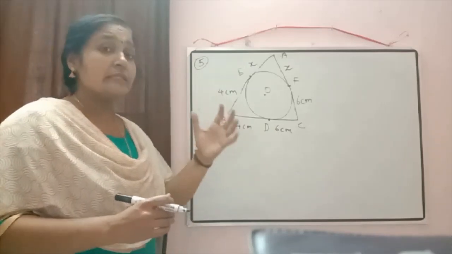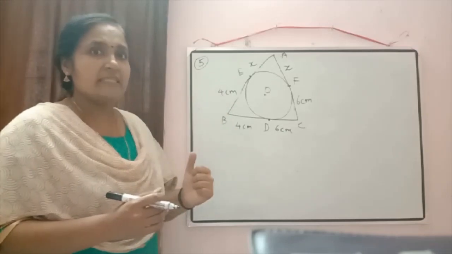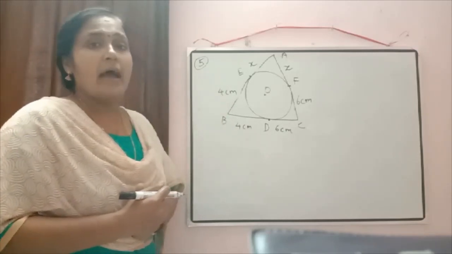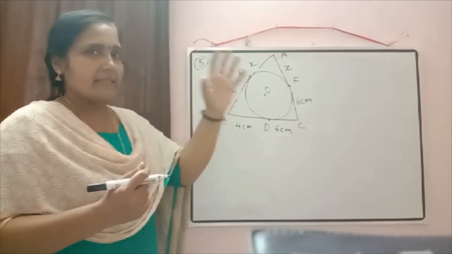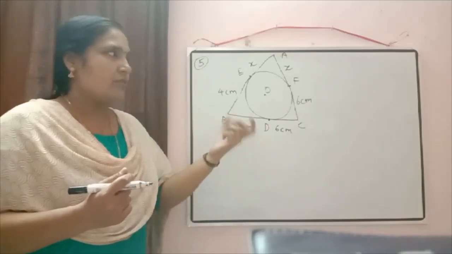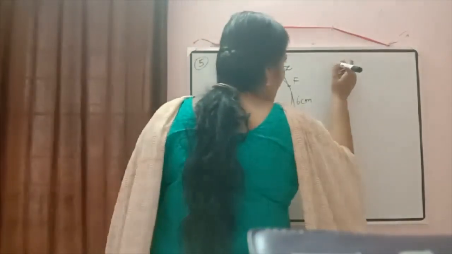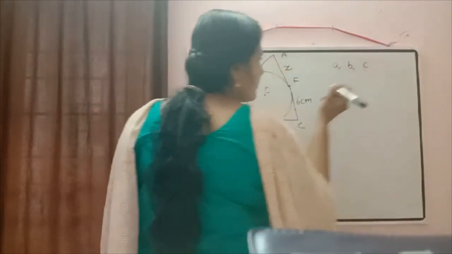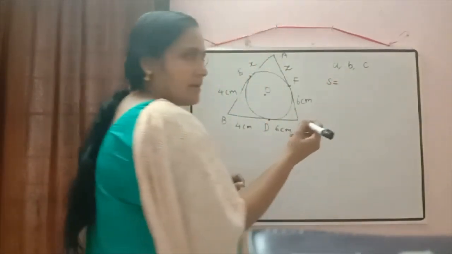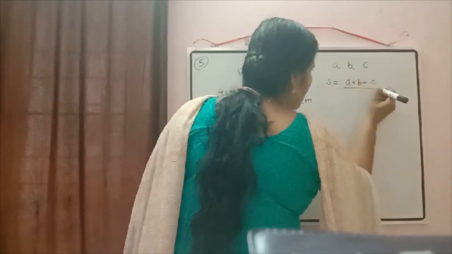So we have to use the concept of area of triangle, and in 9th class we studied area of triangle. The area of any triangle can be calculated by Heron's formula. So I will just revise Heron's formula and then we will solve the question. So what was that Heron's formula? If A, B and C are the sides of the triangle, then first we'll calculate the semi-perimeter of the triangle, that is S equal to A plus B plus C by 2.